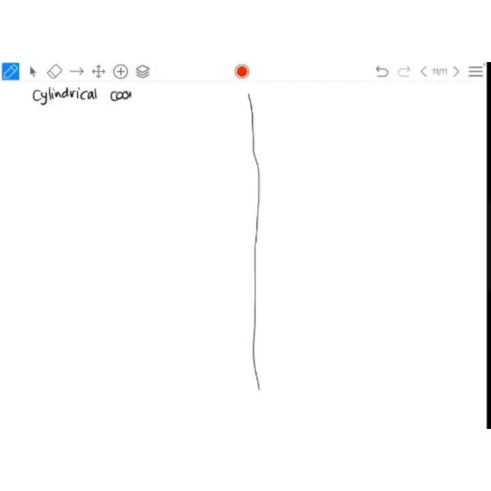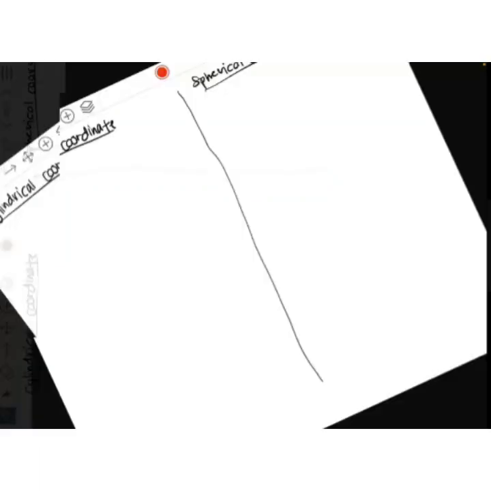Let's solve the hemisphere question. Not the easiest one, but it can be seen.